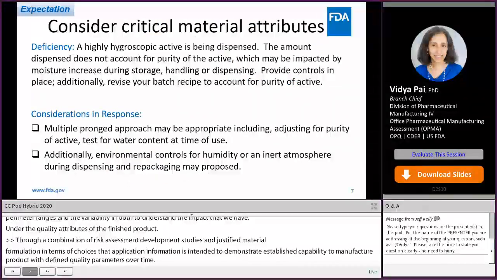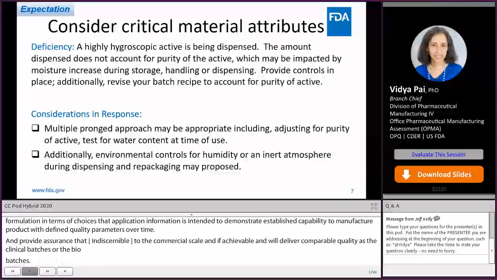So, in the context of this framework, what would be areas to highlight with regards to review expectations?